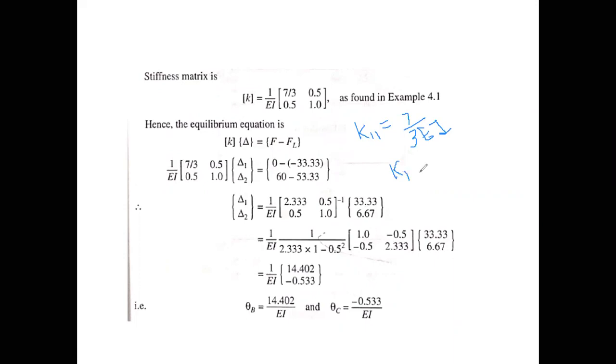K12 is equal to K21, and was calculated to be 0.5 upon EI.